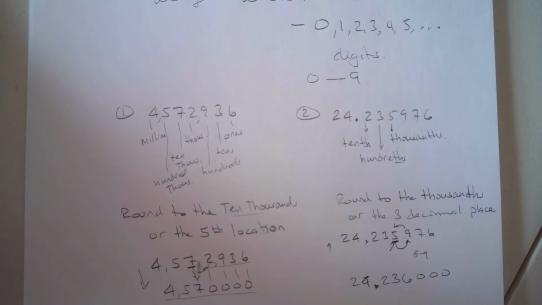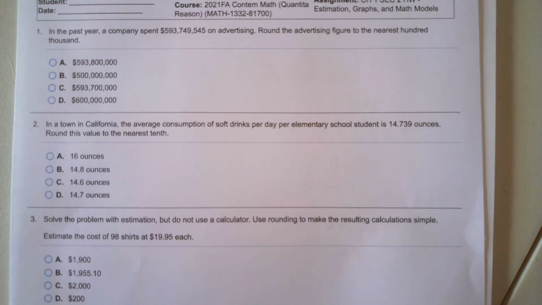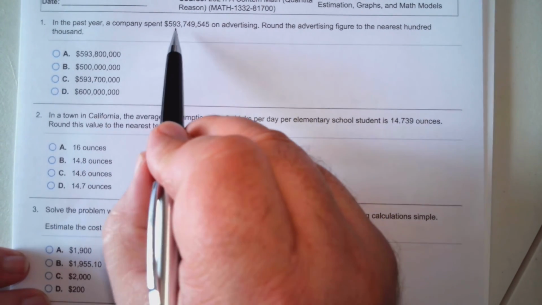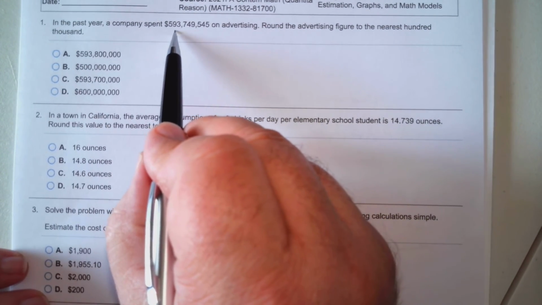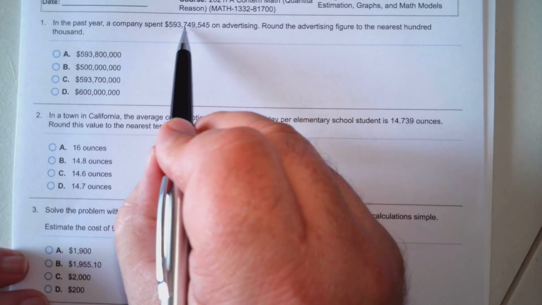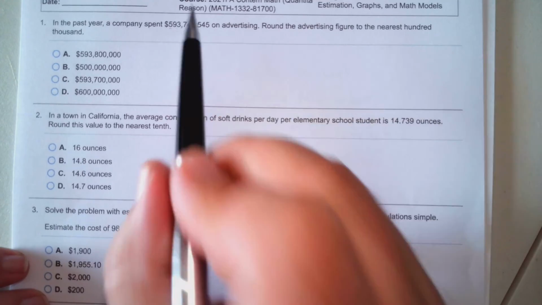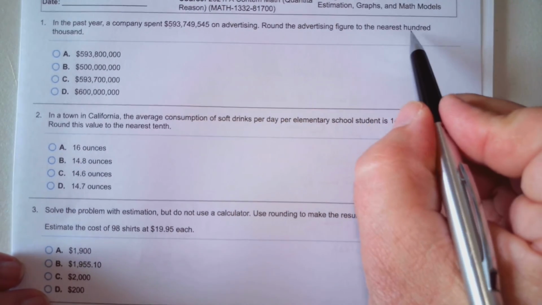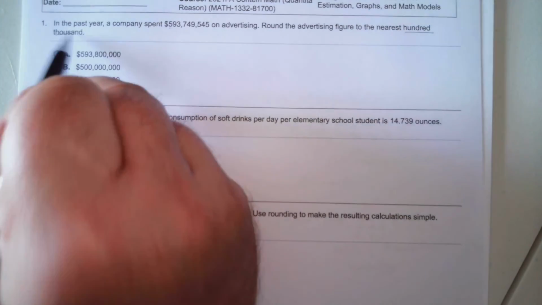All right, so our first sheet. In the past year, companies spent $593,749,545 on advertising. Round the advertising figure to the nearest 100,000.